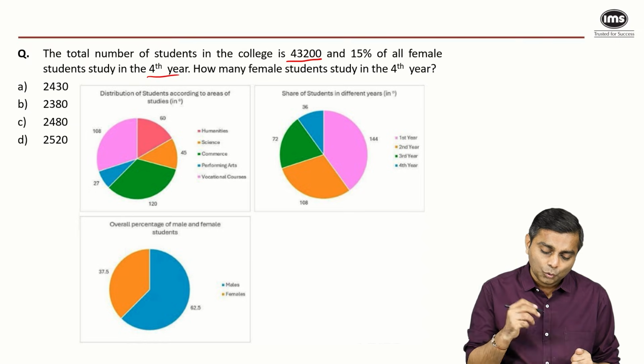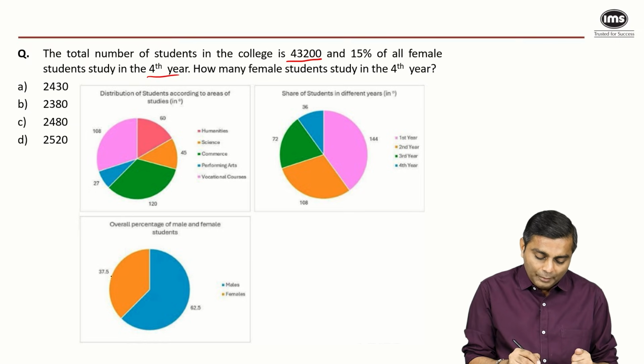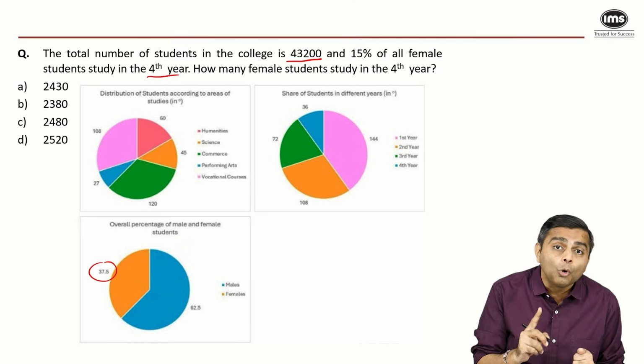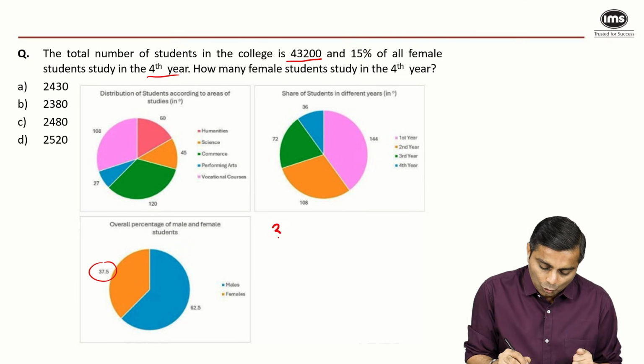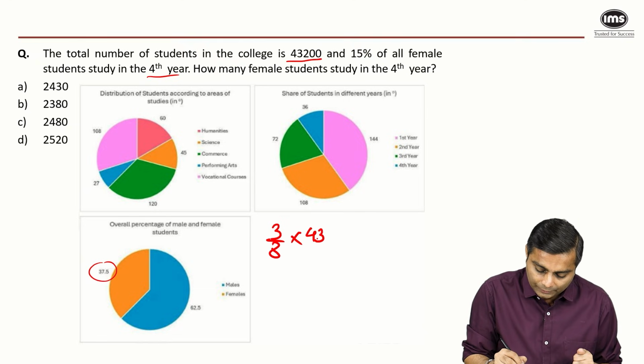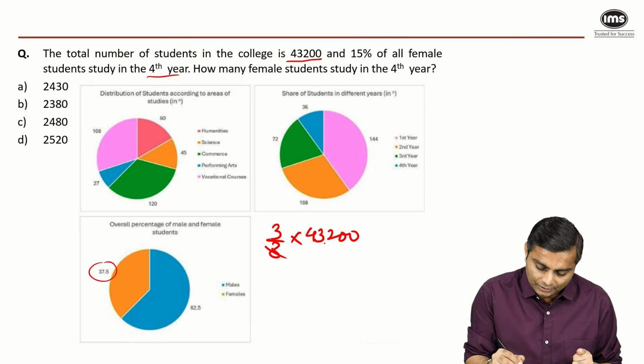Okay, so the total students in the college is 43,200 and the females, if you see, are 37.5%. 37.5 you should know is 3 by 8. So 3 by 8 of 43,200. The last 3 digits 200 are definitely divisible by 8, so cancel.